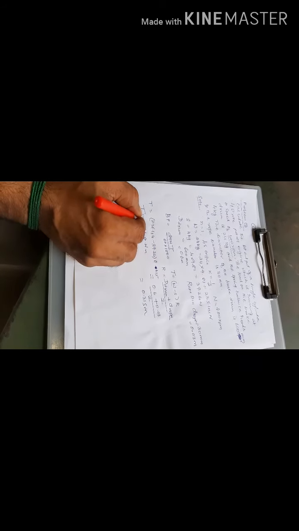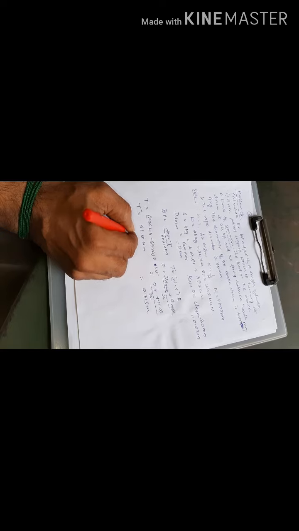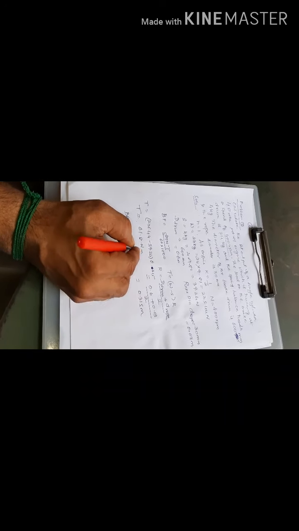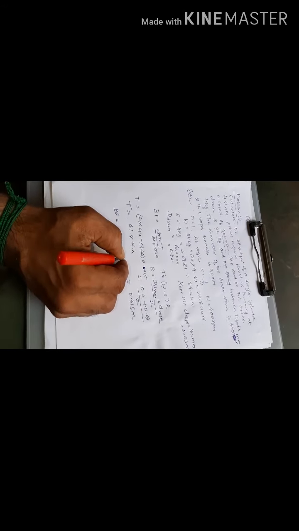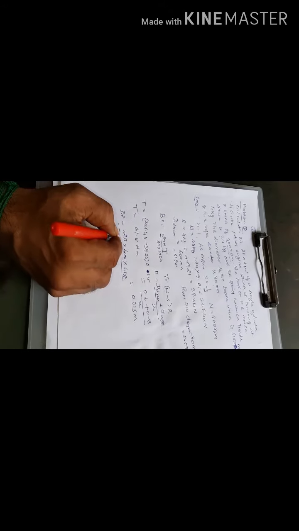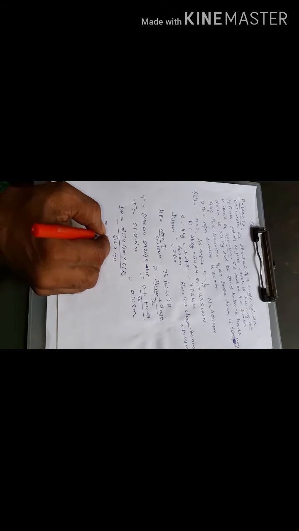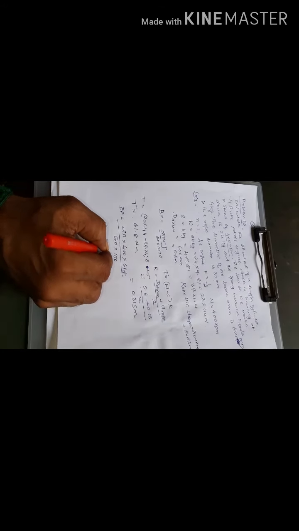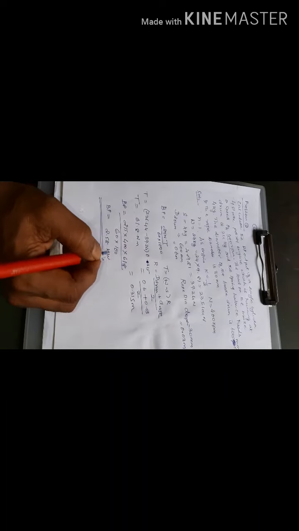Substitute this torque in the brake power. Therefore, brake power is equal to 2 pi into N, where N is 400 rpm, multiplied by the torque value 61.8, divided by 60 into 1000. So you will get the value of 2.58 kilowatts. This is the brake power.